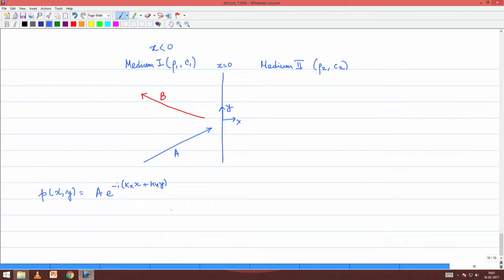What has been shown in the last class is that the B wave will have the same magnitude of these wave numbers, but with a sign reversal for the kx component, because the wave travels along the negative x direction. So, the B wave can be represented as B e to the power i (k x x minus k y y).